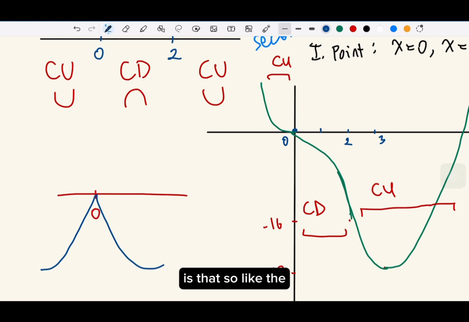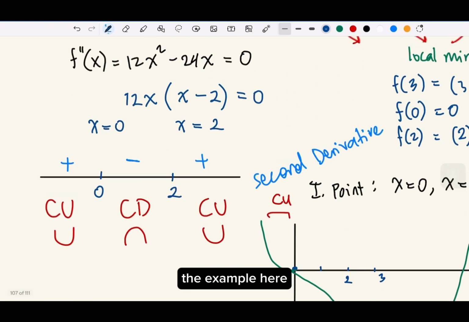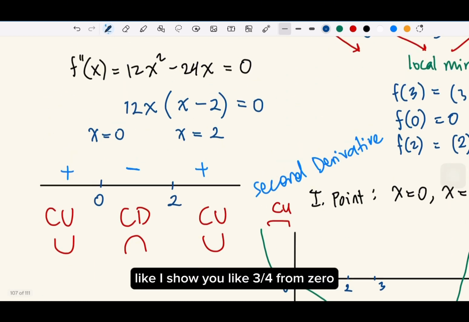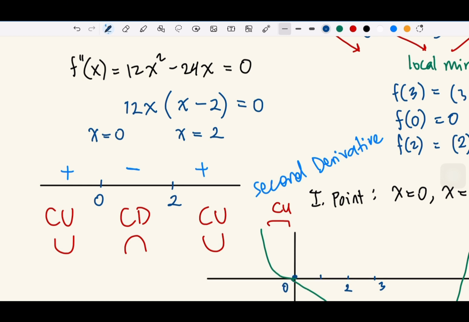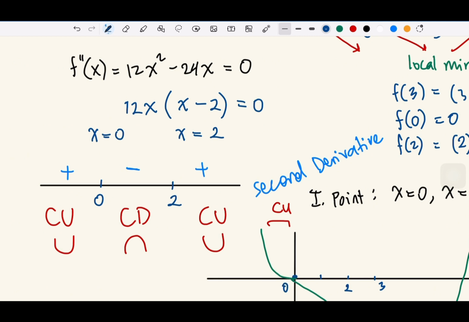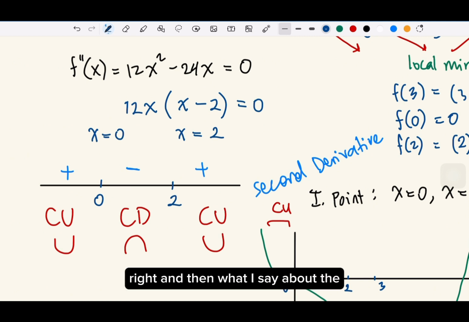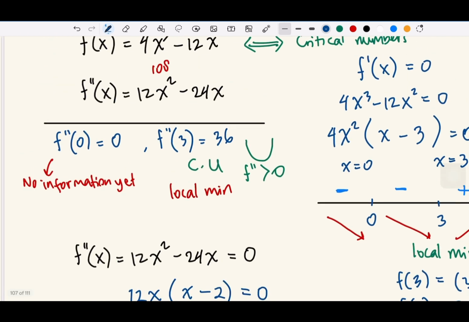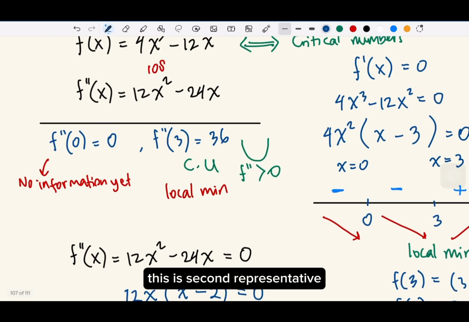Okay. So like the example I show you, we equate this to 0, but the point that we get doesn't necessarily have to be an inflection point. We need to check. When we find that it's changing the concavity, we say, oh, this is an inflection point. Okay? And what I said about no information is about the second derivative to check the local max or local min.